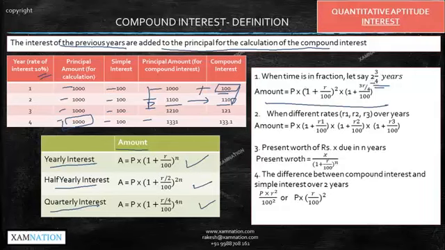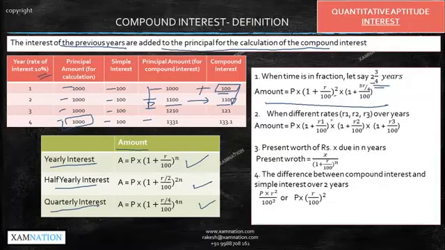For 2 years, the formula becomes 1 plus R upon 100, where R is the rate of interest, to the power 2, where 2 is the tenure. And for the 3 by 4th year, we take the rate as 3 upon 4 R, and the time we take as 1. So this becomes the formula.